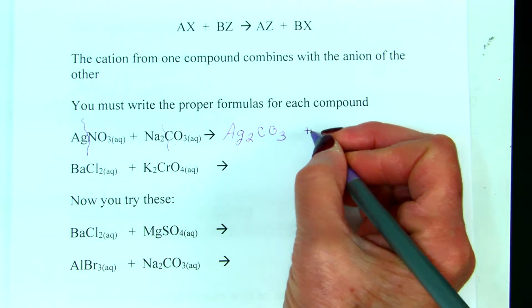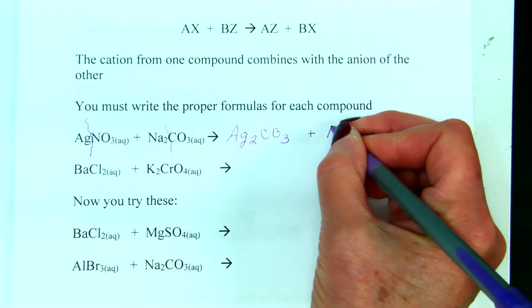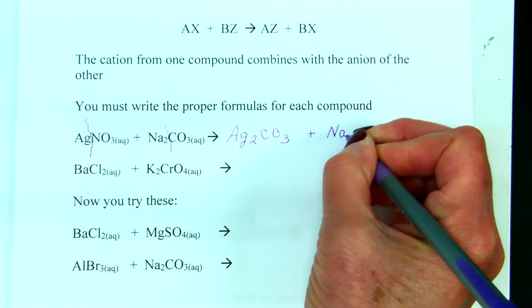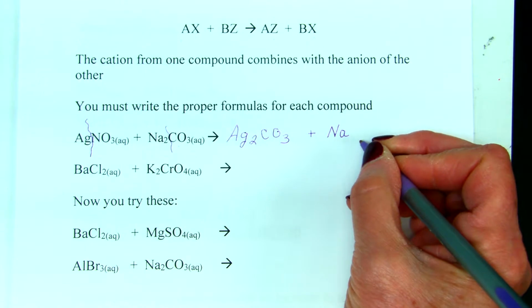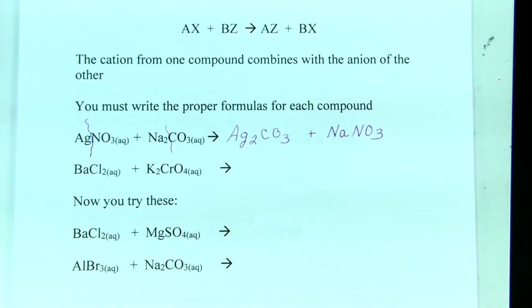Now, what's the charge on a sodium ion? Alkali metal. +1. So, what's the charge on the nitrate ion? -1. So I write the proper formula for sodium nitrate.